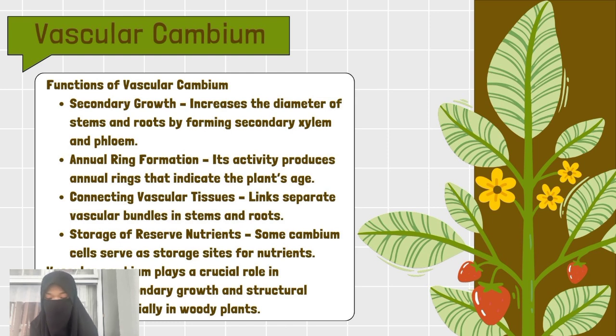The third is connecting vascular tissues, linking separated vascular bundles in stems and roots. And the last is storage of reserve nutrients. Some cambiums serve as storage sites of nutrients. Vascular cambium plays a critical role in supporting secondary growth and structural strength, especially in woody plants.